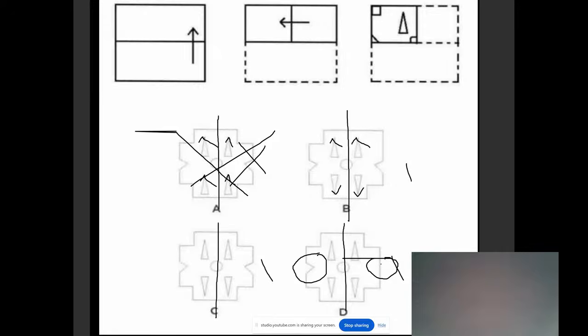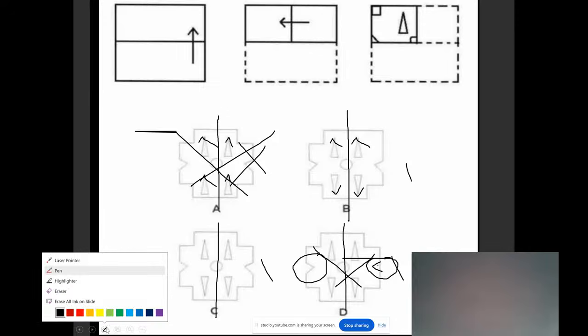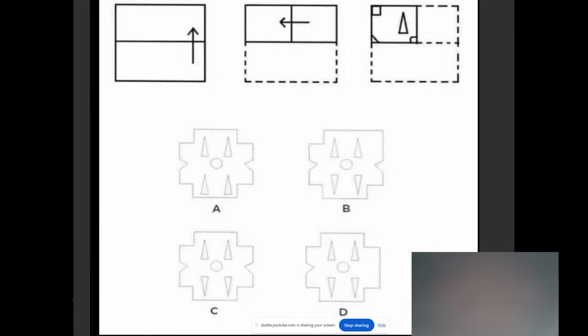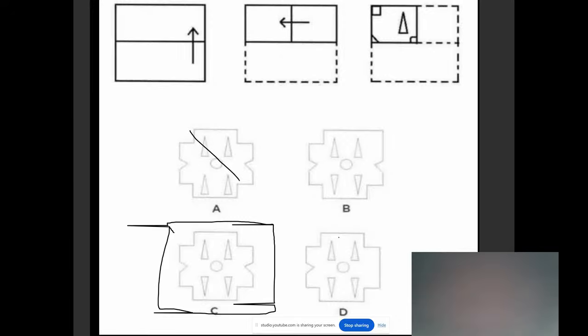Here also there should be some cut like this, but as we don't have it there, that is wrong. Now we are left with B and C. Let us find what is the difference between B and C, and check which can be the answer. A and D are eliminated.